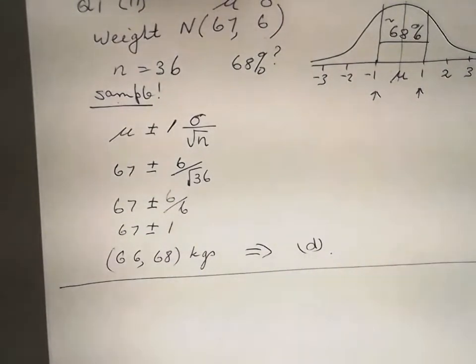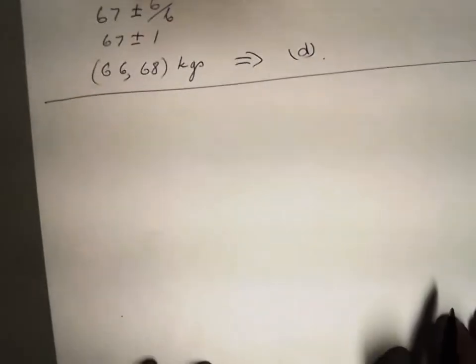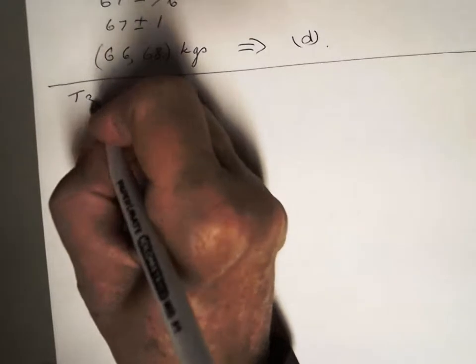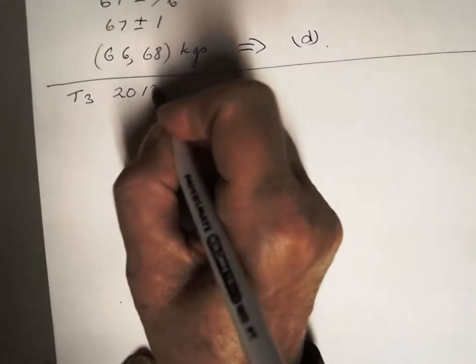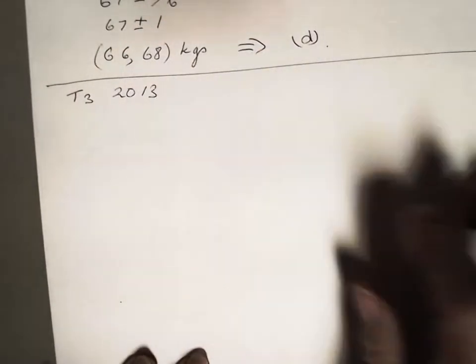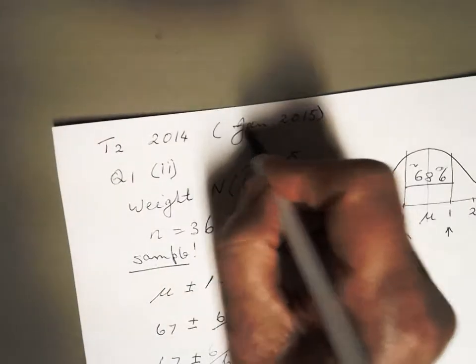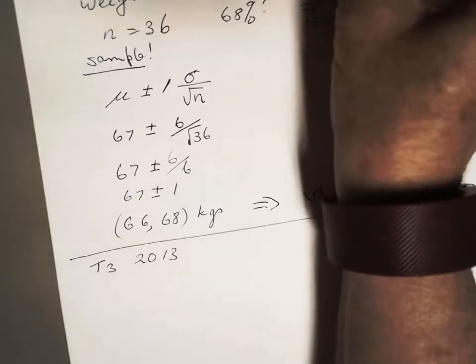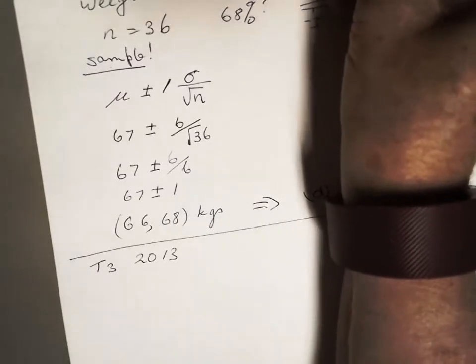So that was working on that. The next question somebody asked me about, and it was Ian, was from the T3 2013 paper. Oh, sorry, no, T2 was not January 2015, it was October 2014.